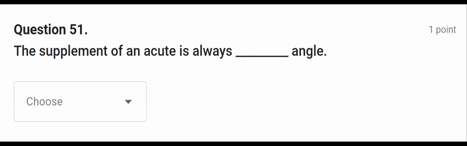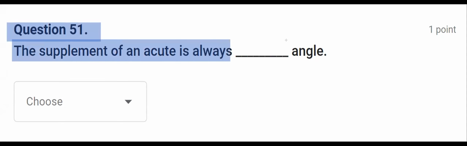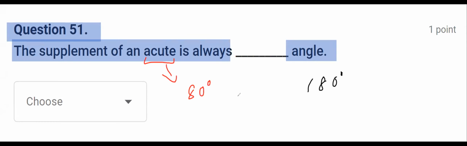In question number 51, it says that the supplement of an acute angle is a dash angle. Supplements are those two angles whose sum is 180 degrees. Say we take any acute angle, for example 80 degrees.